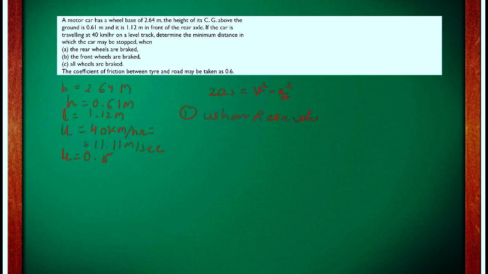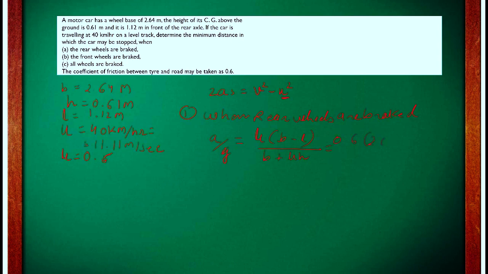So as we know, the relationship between acceleration and the dimensions of our vehicle, when the rear wheels are braked, is a equals mu g into B minus l, divided by B plus mu H, where mu is given as 0.6.